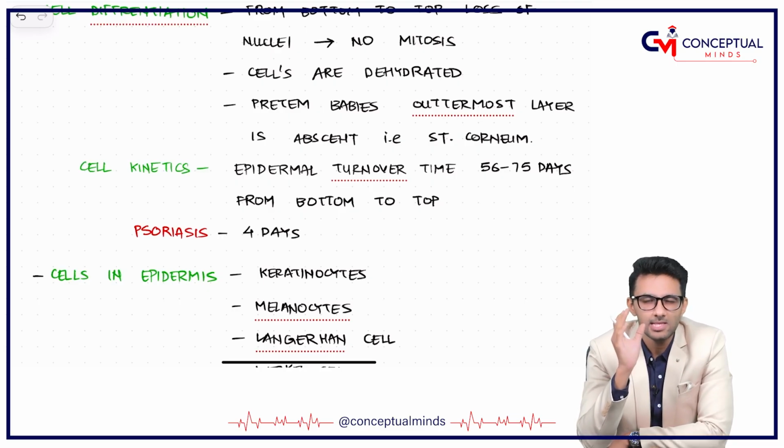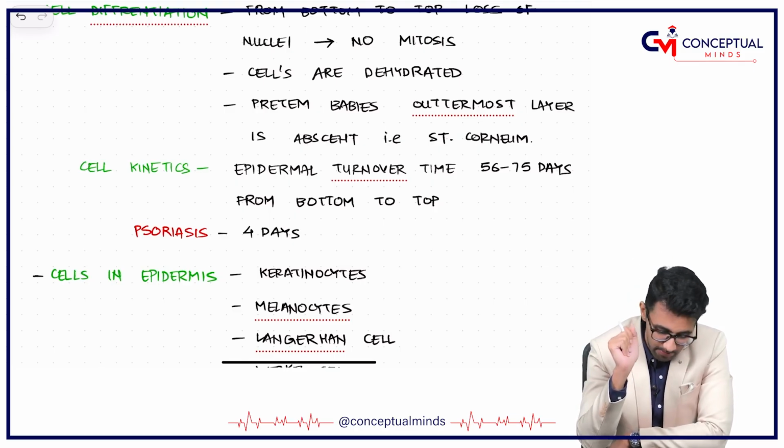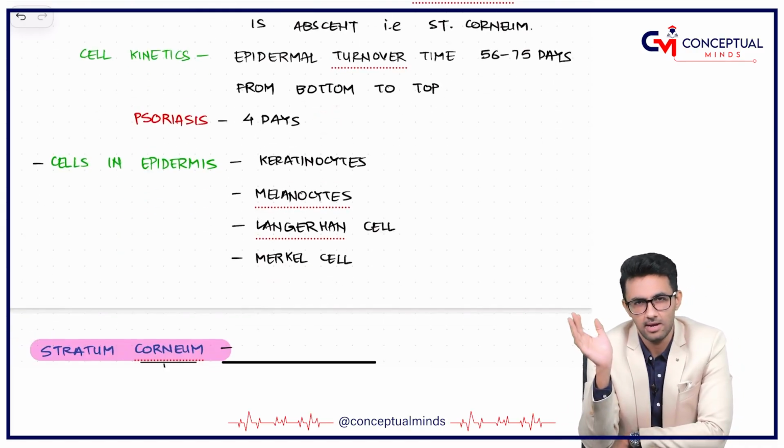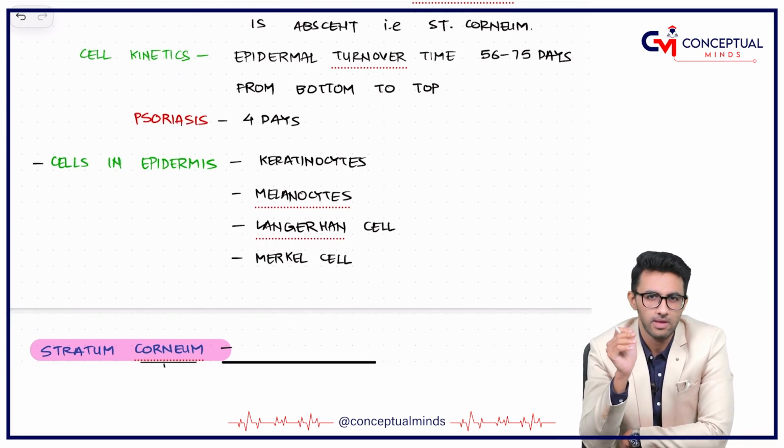Why? The cells don't have time to shed off the nucleus, right? So if in a patient I take a histological sample from the affected area, will the stratum corneum have the nuclei? Yes. Okay, alright, so that was my point about psoriasis, and we will discuss this in much greater detail. Psoriasis is a very important topic. This is a star topic of dermatology, and we will know everything about it.